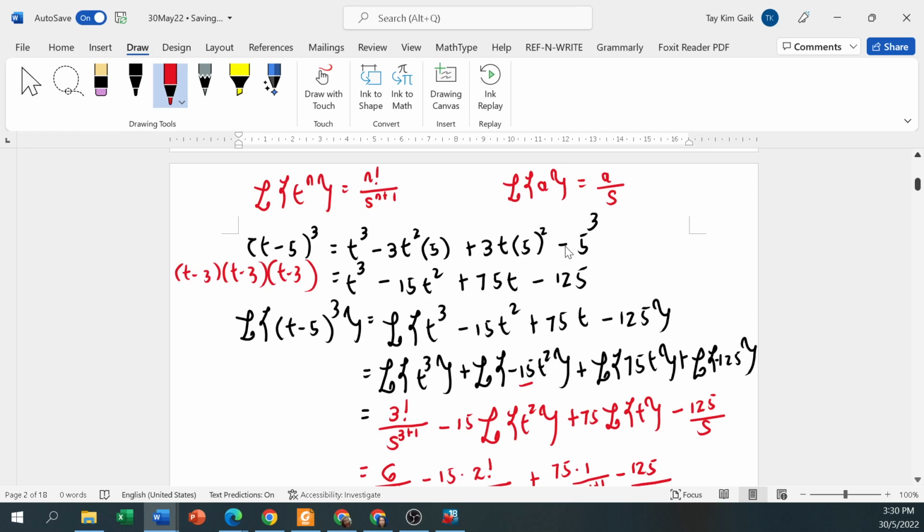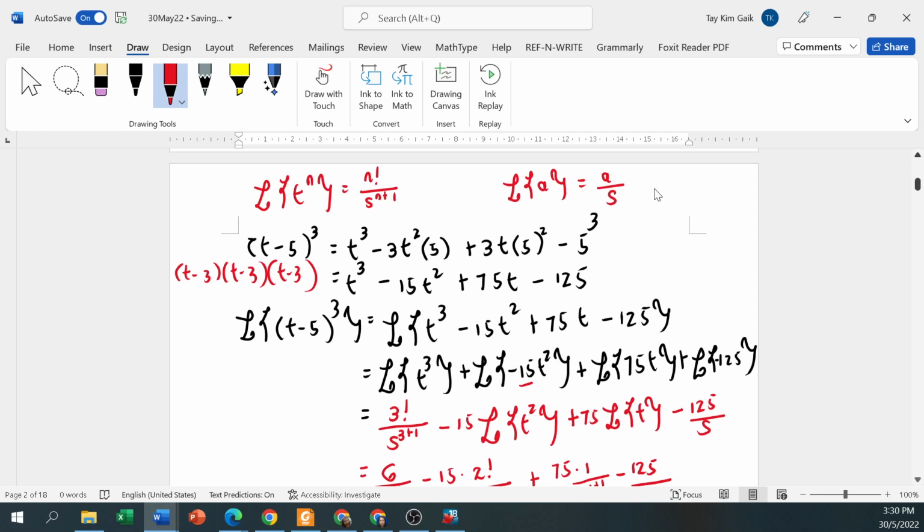If this is plus, all will be positive. Then t cubed, and later on the t index will be decreased, t squared. The coefficient here, if power 3, using the expansion, will be 3.